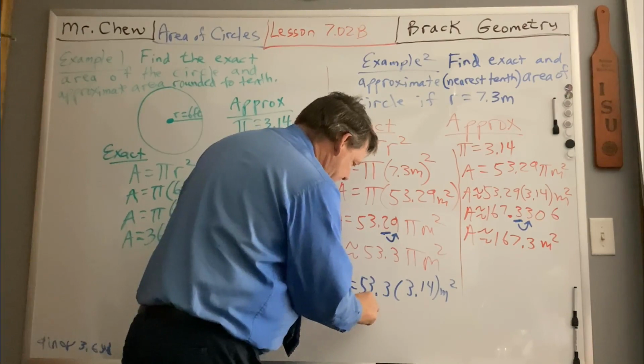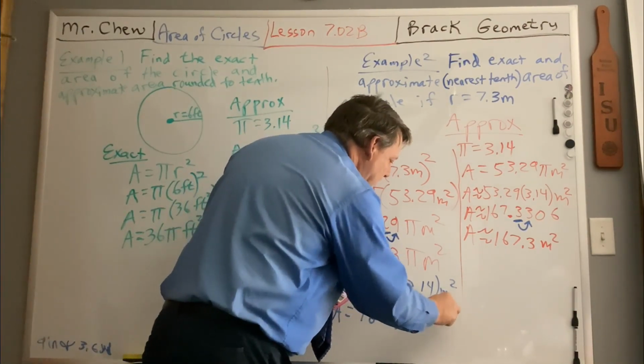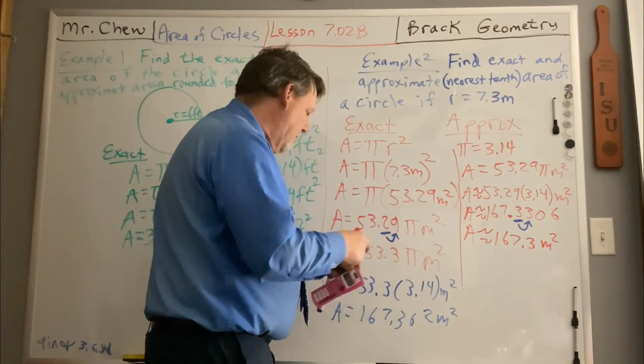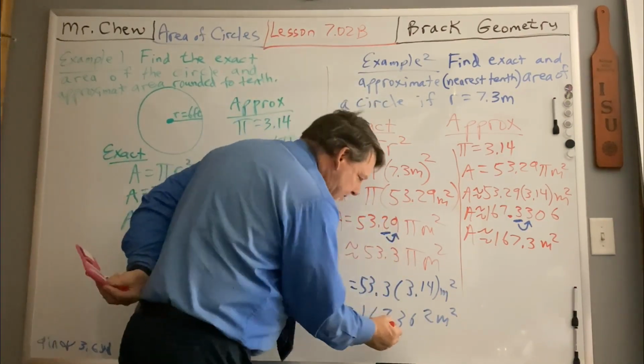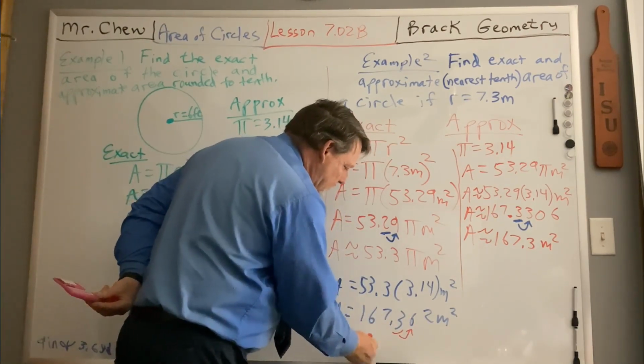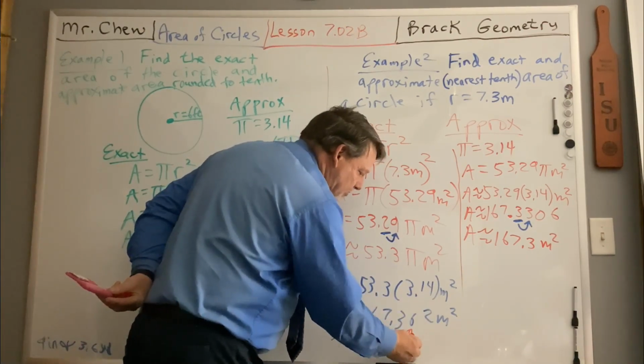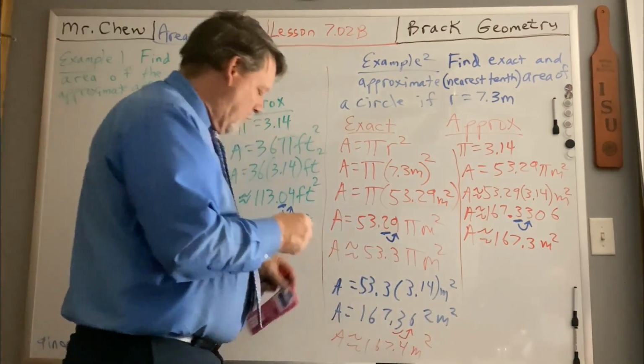It is not. 167.362 meters squared. And remember, if you round twice here, that bumps up, because that 6 is 5 or bigger, so it becomes 167.4.